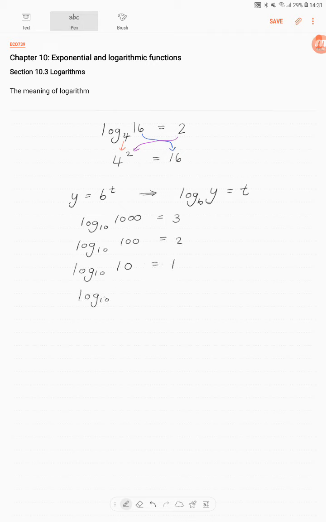Log base 10 of 1 is equal to 0. Log base 10 of 0.1 is minus 1, and log base 10 of 0.01 is equal to minus 2.